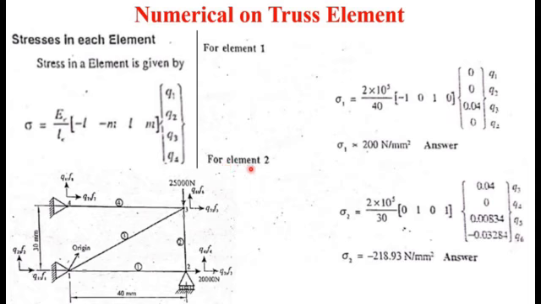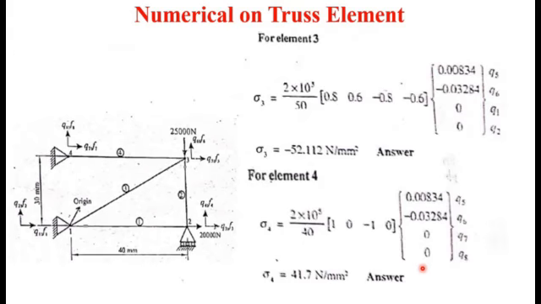Similarly for element 2, put the values of E divided by the length of element 2 and all the values of L, M and Q displacement values, and calculate sigma 2. So sigma 2 is equal to minus 218.93 Newton per mm square. Then for element number 3, again put all these values, but care should be taken as q5 and q6 should be here, and q1 and q2 are 0 here.